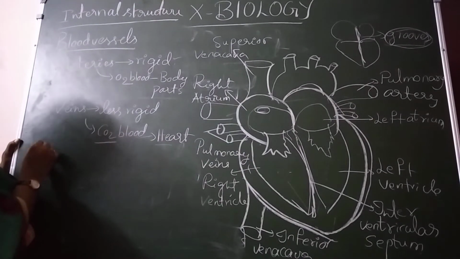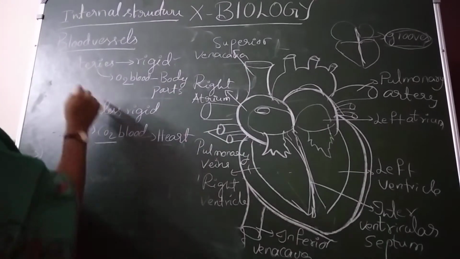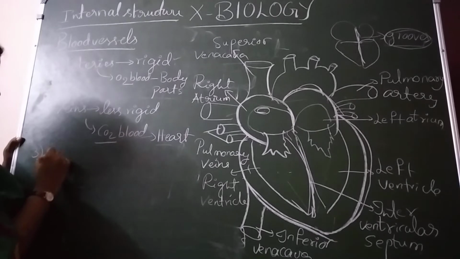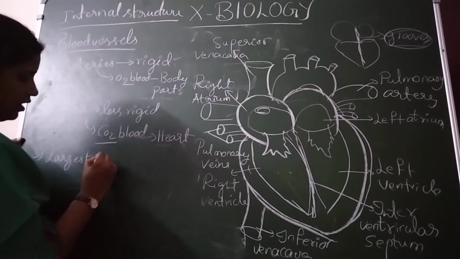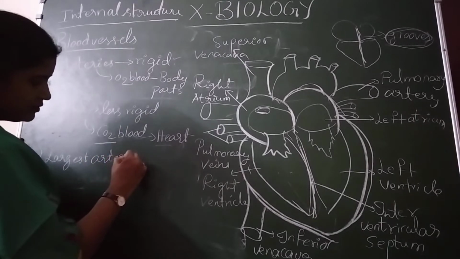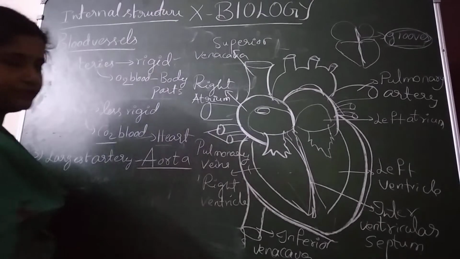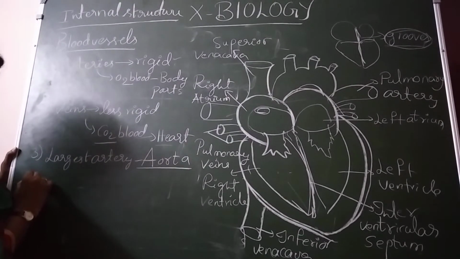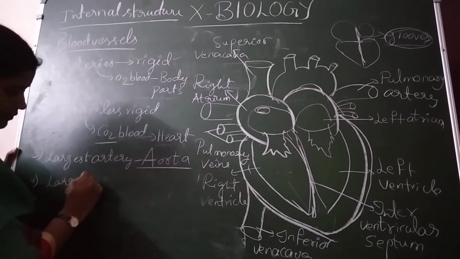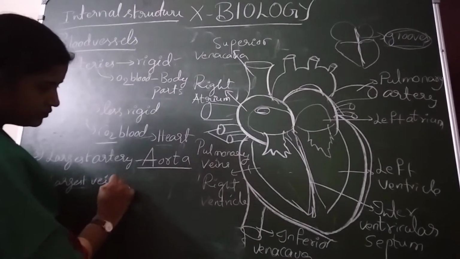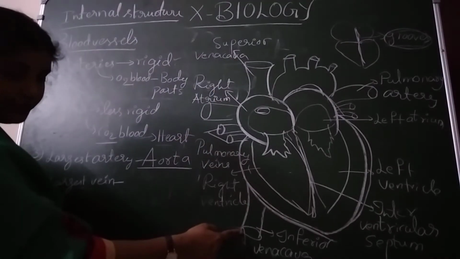Then here we have largest blood vessels, largest vein. So what is the largest blood vessel? Largest artery is aorta. Okay, aorta is the largest artery. Then largest veins, those are superior vena cava and inferior vena cava.